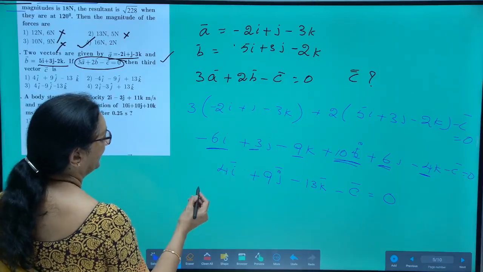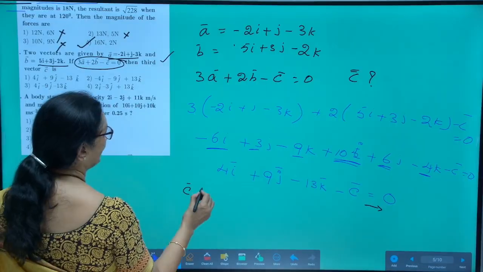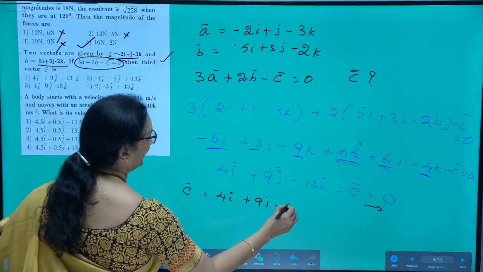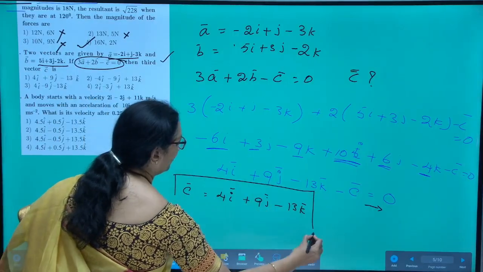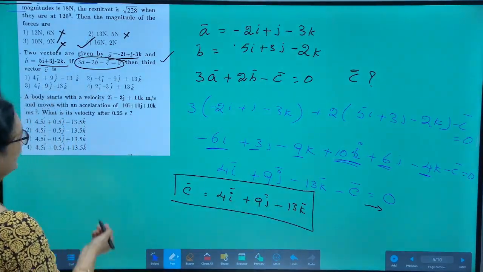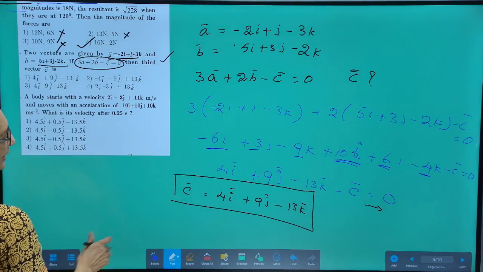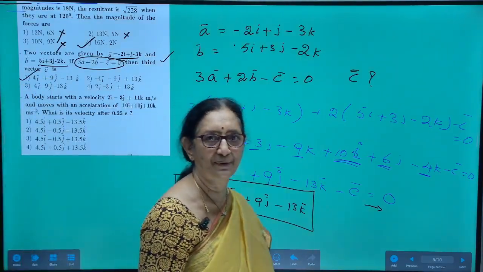So if you take that C bar to the other side, C bar is equal to 4i plus 9j minus 13k. That is the answer we got here. So which option is correct? 4i plus 9j minus 13k. The first option is correct for that problem.